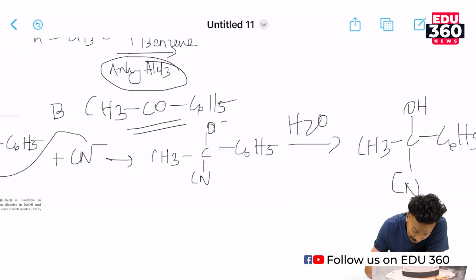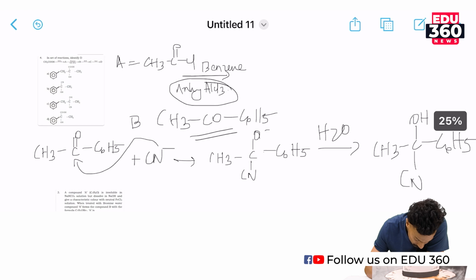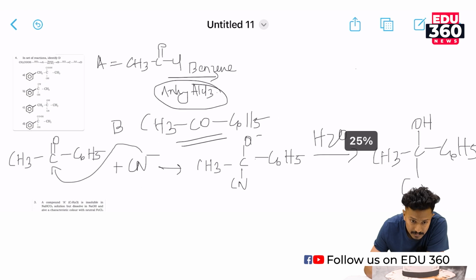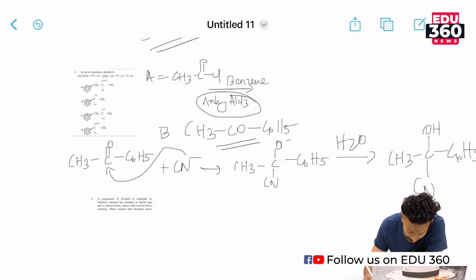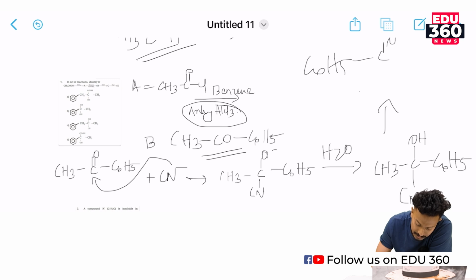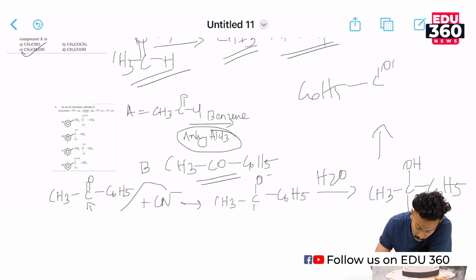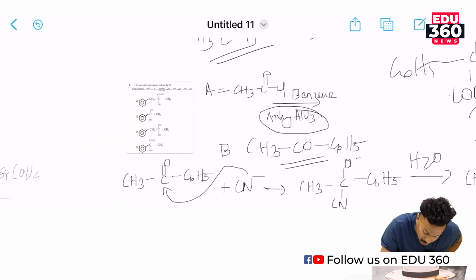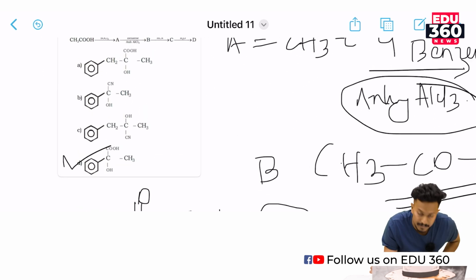Yes, we have to further hydrolyze it. Further hydrolyzing, we could get what? C6H5 C(OH)(COOH) CH3. This is option number D. So the correct option would be option number D.